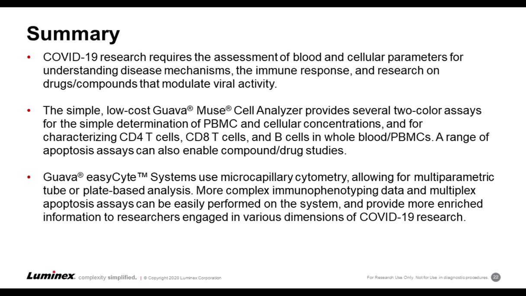Here we've shown that the simple, low-cost Guava Muse cell analyzer provides several 2-color assays for the simplified determination of PBMC concentrations, and for the characterization of CD4 T cells, CD8 T cells, and B cells in whole blood or PBMC samples. A range of apoptosis assays on this platform can also provide valuable information in compound or drug studies.